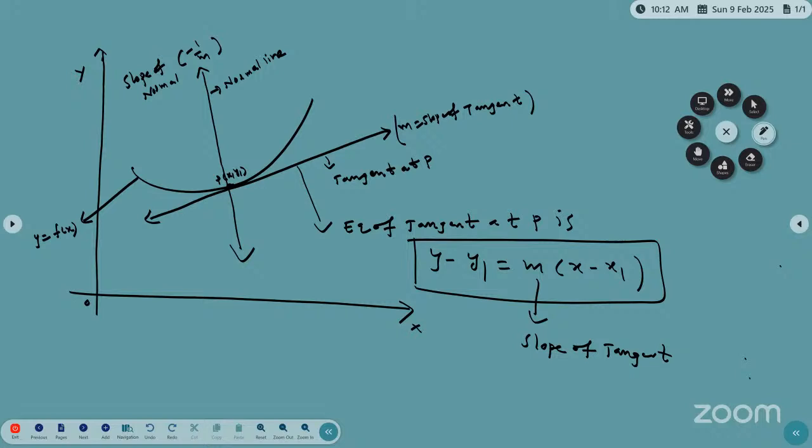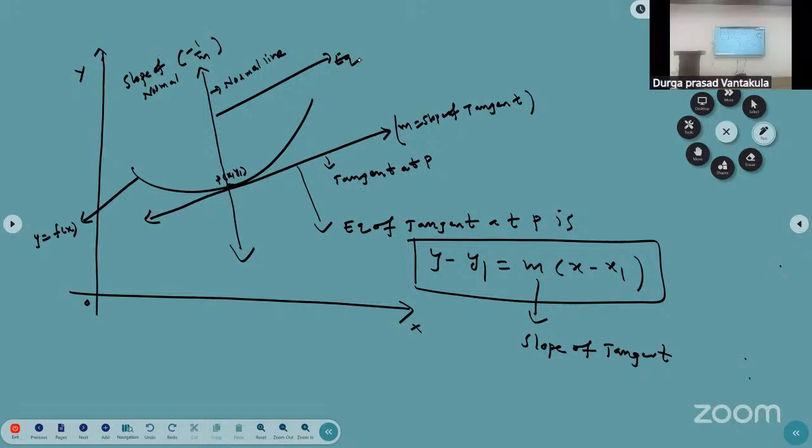May I know what is the equation here? Same equation, just the slope will change. Tell me the equation. The equation for the normal is in this way only, but only the slope will differ. Y minus y1 equal to minus 1 by m into (x minus x1).